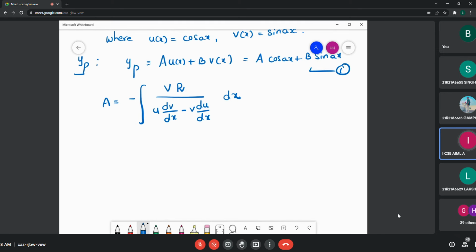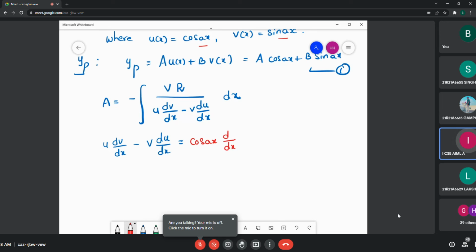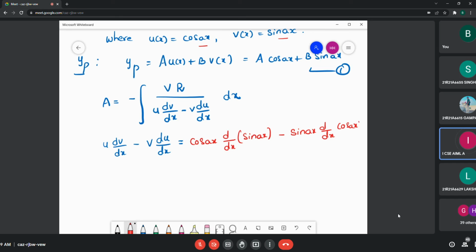So here u dv by dx minus v du by dx, where u is cos ax and v is sin ax, is equal to cos ax into d by dx of sin ax minus sin ax into d by dx of cos ax.